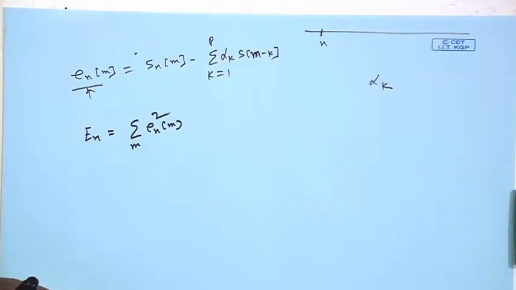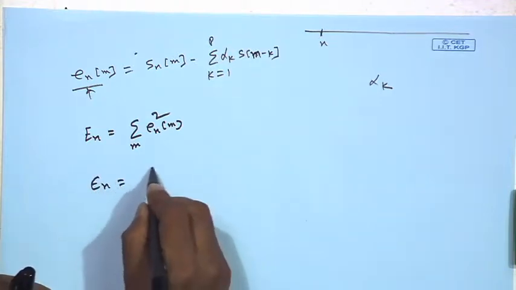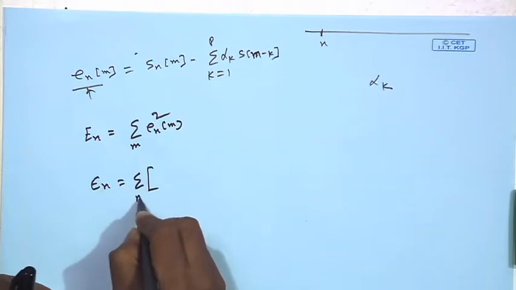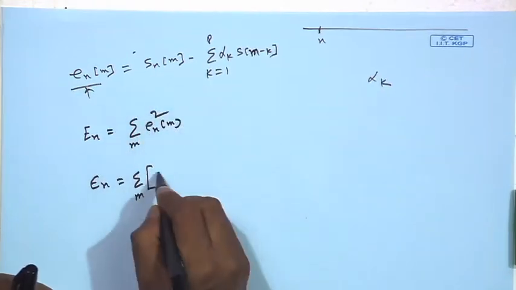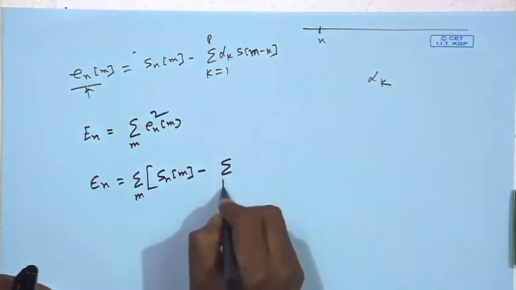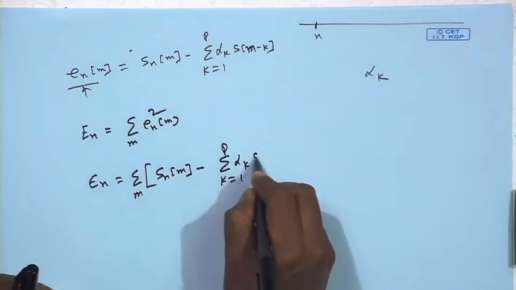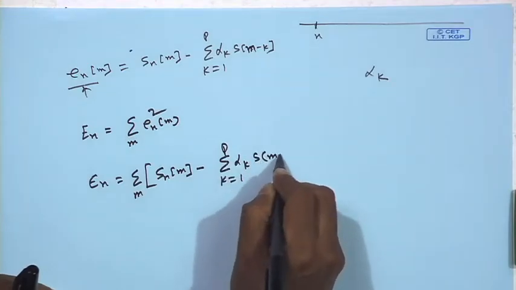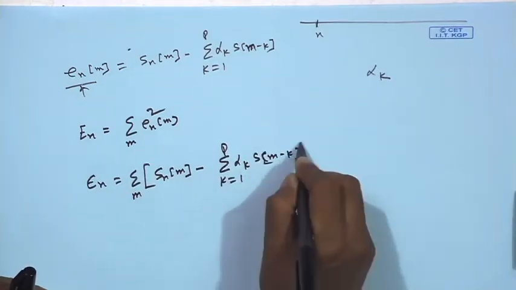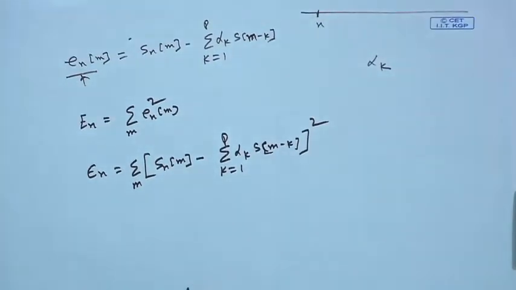So, E n is the sum over m of s n m minus the sum over k equal to 1 to p of alpha k s of m minus k, whole square. That is the error.